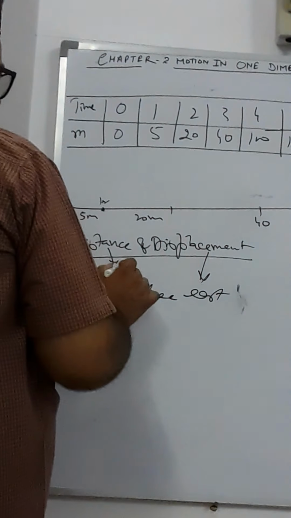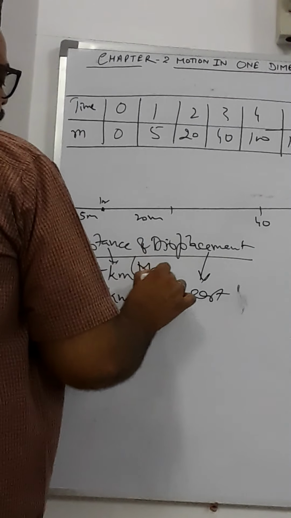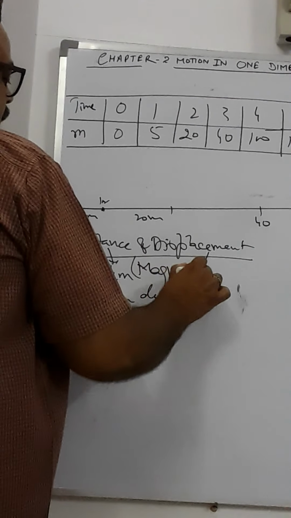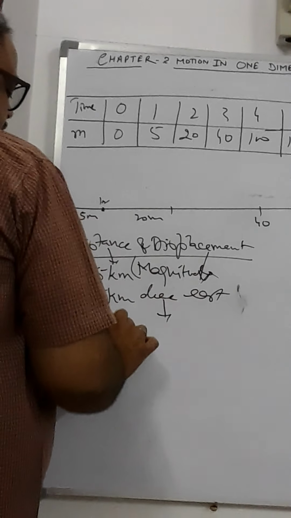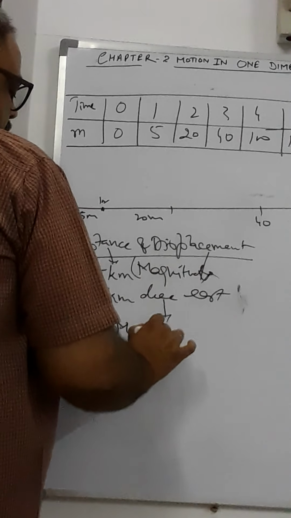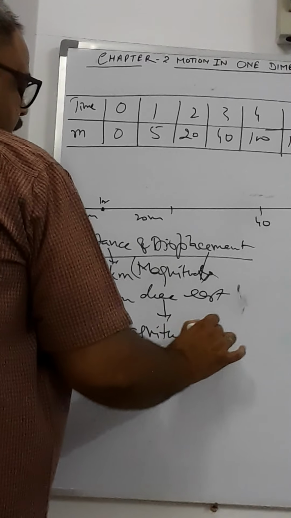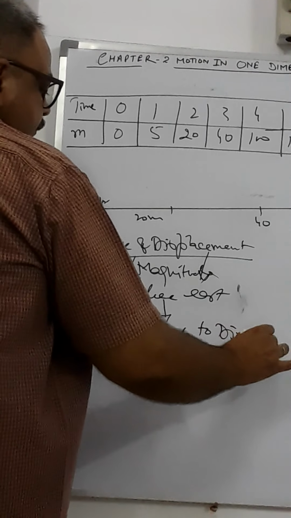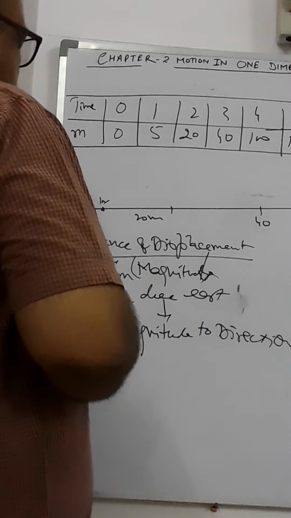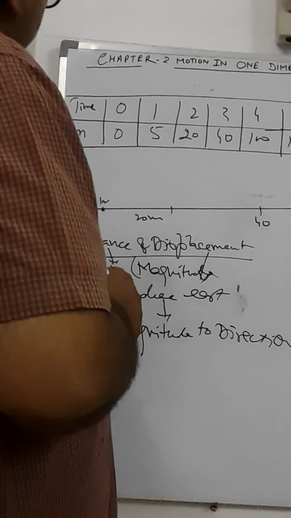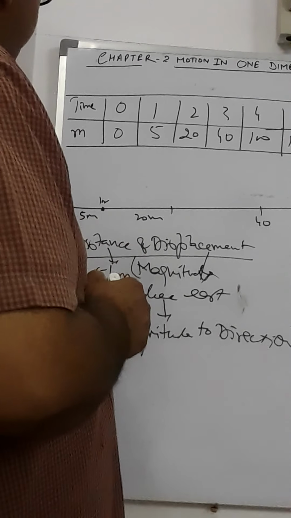Why? Because distance has only the magnitude, and displacement has magnitude plus direction. Clear? Now the difference is, one contains only the magnitude and the other has both magnitude and direction.